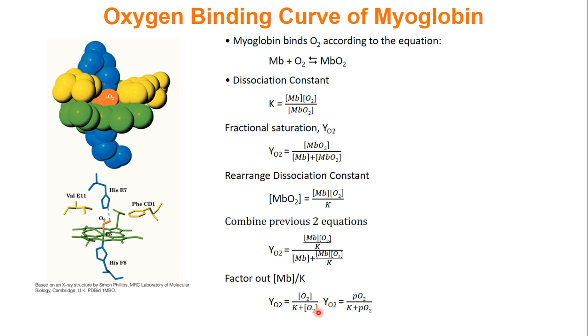And that's nice because we can determine how much myoglobin is bound just by the pressure of oxygen. We don't need to worry about the amount of myoglobin that we have. Another way to express this is, since oxygen is a gas, we can just say pressure of oxygen, because if you remember back from general chemistry, concentration of a gas is equal to its pressure.